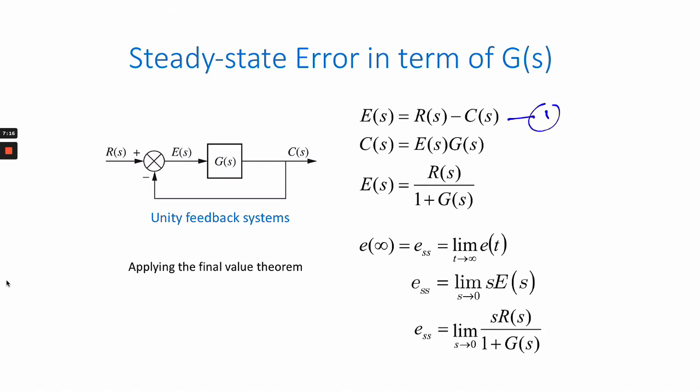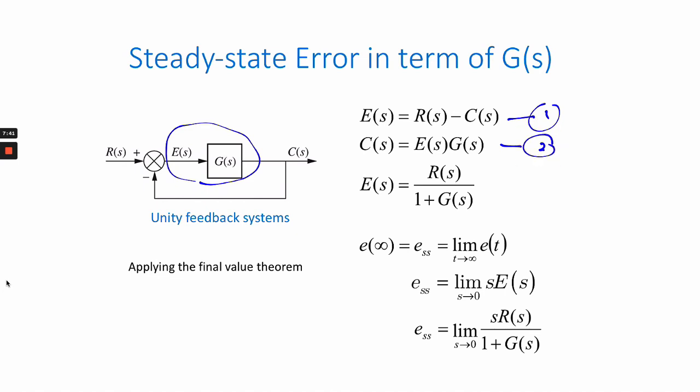So this is the input, and this is the feedback that brings the output. So E(s) is R(s) minus C(s), and C(s) comes from the error multiplied by the plant G(s). So we have C(s) equals E(s)G(s).